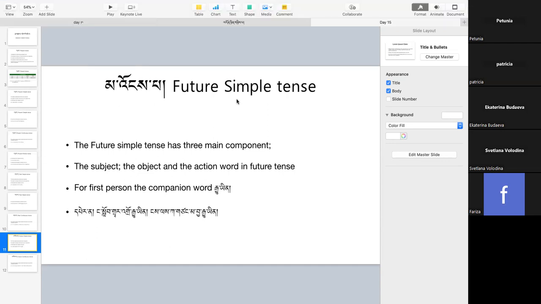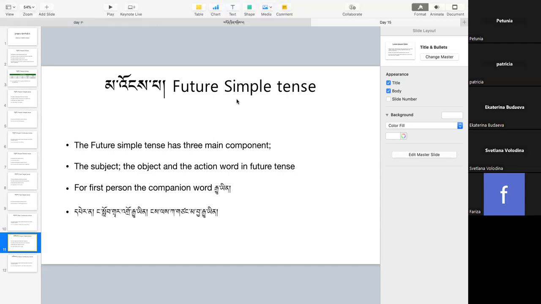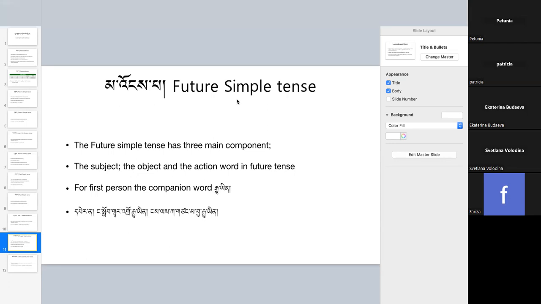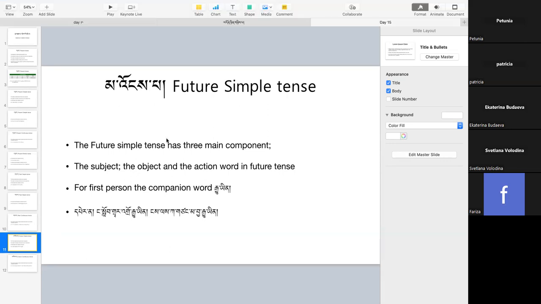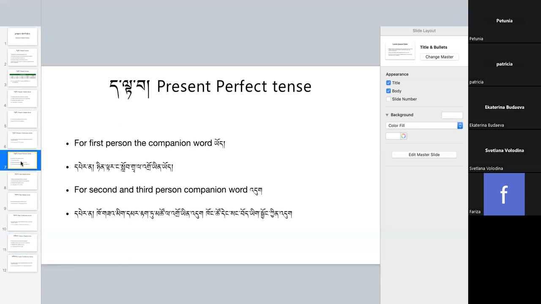So we see that in the case of simple tense, it's yö for the present, but yin for both the past and the future. For the past, you can also add an extra sin, like che sin. Che sin means I have completed or I have done it.